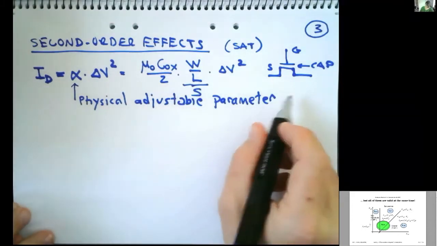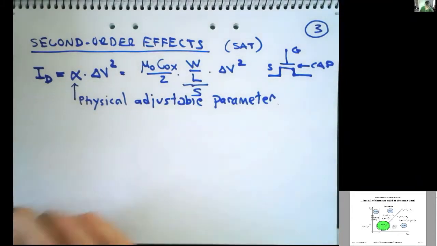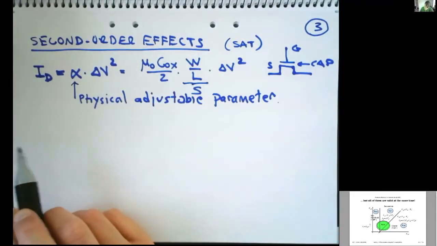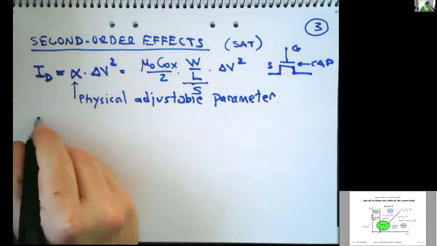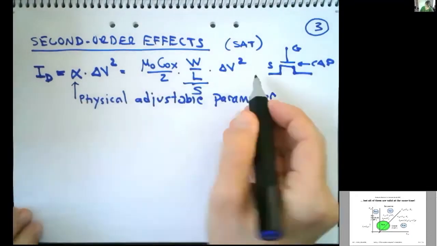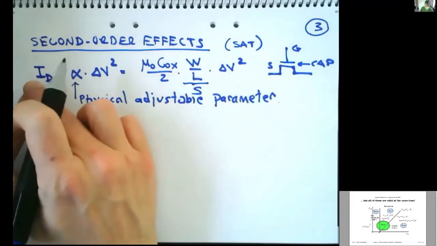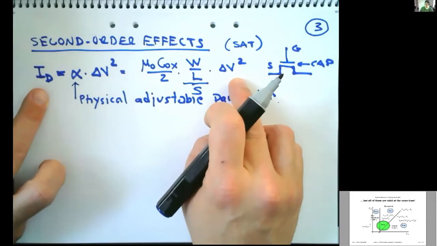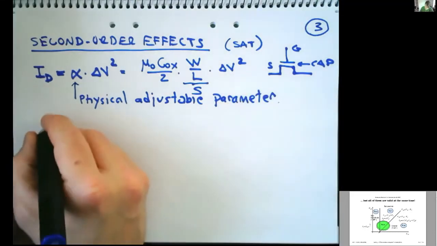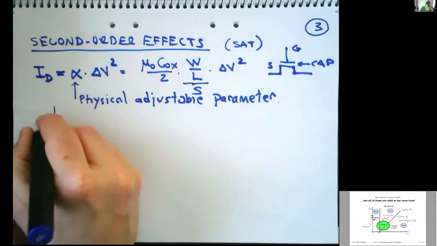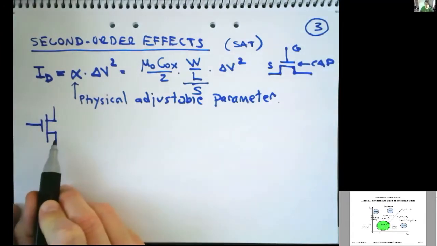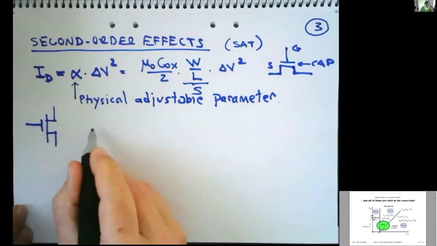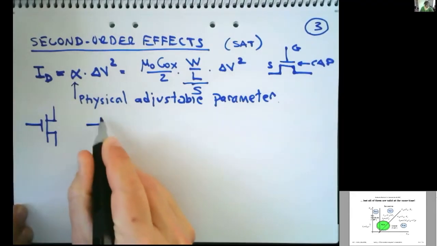All right, with that said, that's the explanation of alpha. Second order effects, there is some boring thing here. If you look at this device, the transistor, ID is equal to something times the voltage from the gate to the source. So if we just draw it like this, for example, that's a transistor, and that's effectively an amplifier.